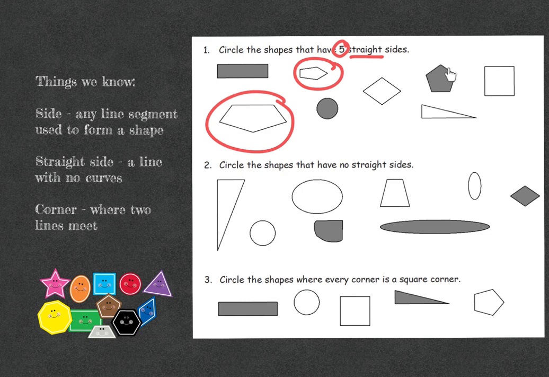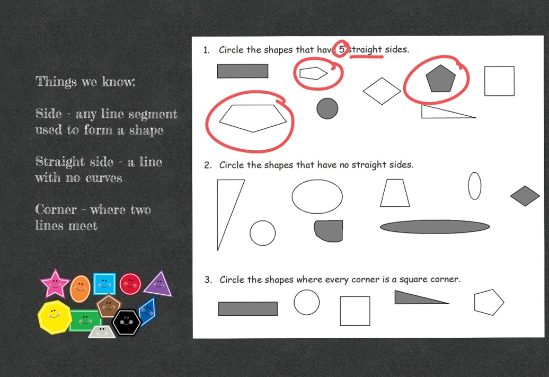And lastly, 1, 2, 3, 4, 5 straight sides. So for question 1, we have 3 shapes having 5 straight sides.